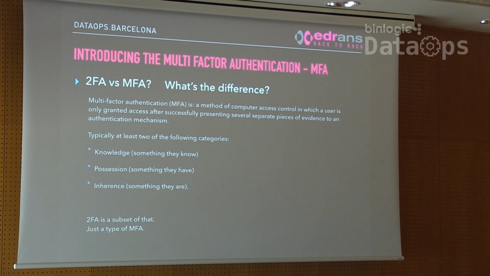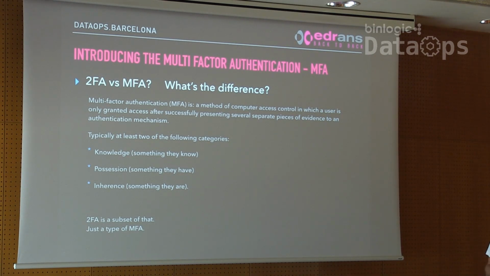One clarification about two-factor authentication versus multi-factor authentication. As you can see on Wikipedia, it says multi-factor authentication is a method of computer access control in which a user is only granted access after successfully presenting several separate pieces of evidence to an authentication mechanism, typically two, at least, of the following categories. Knowledge, something they know. It can be a security question, a password, a token, whatever.